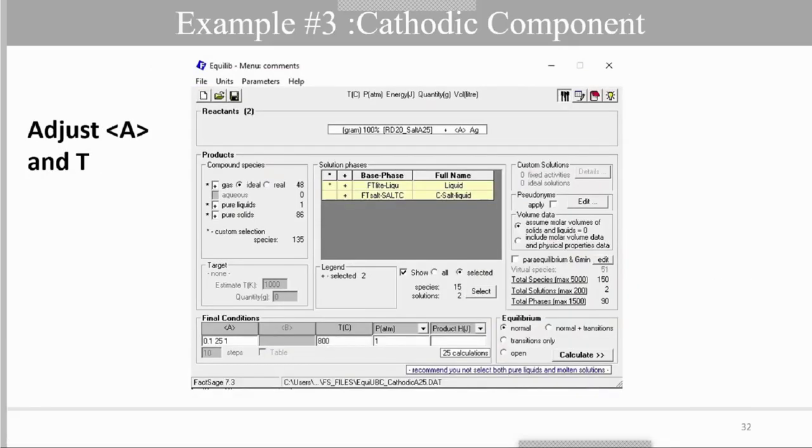Then, the same thing, we adjust the alpha parameter that represents the charge transfer, and the temperature. I put the same temperature, and I changed the alpha parameter because it's not 1:1. There's a certain ratio between them to have the same amount of coulombs passing from the cathodic to the anodic part. But this is just an example.